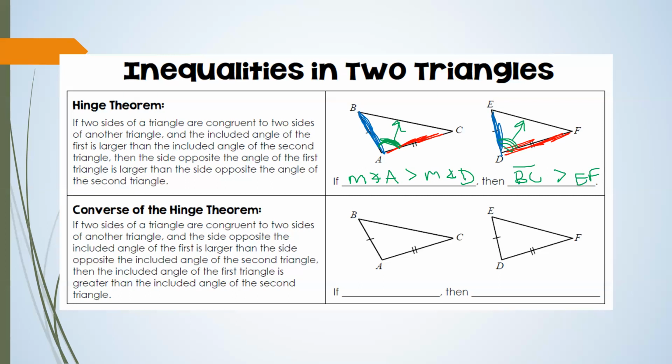That's all that means. Okay. The converse of that says that if this side BC is bigger than EF, then the angles across from it will have the same relationship. So the measure of angle A will be greater than the measure of angle D.